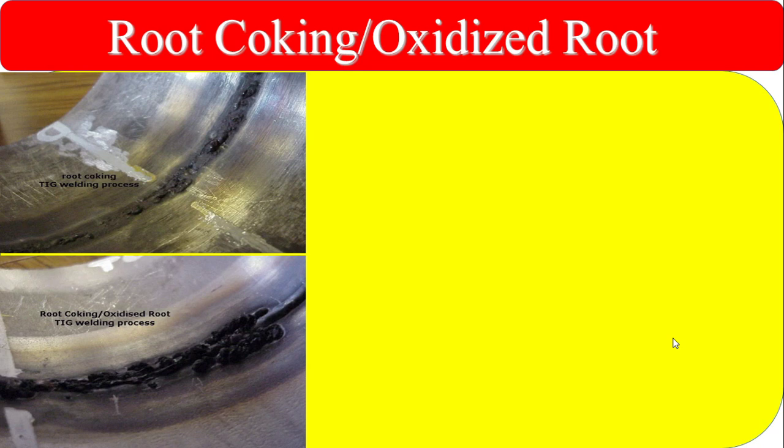Root caulking, oxidized root. You see root caulking, in the TIG welding process. In the TIG welding process, this will happen: the root is oxidized. Why does it happen? It's very important. Why does the root get oxidized? Because of loss or insufficient back purging gas.